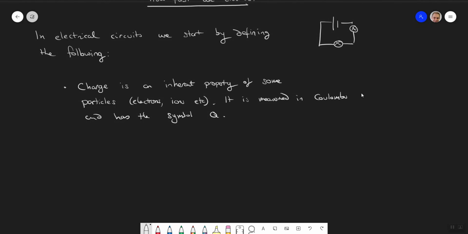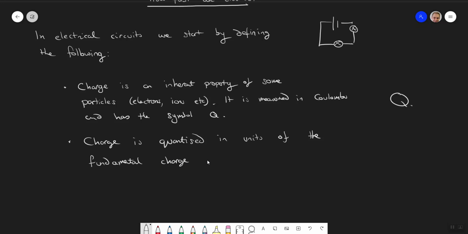So we have our charge, which is Q. Charge is quantized in units of the fundamental charge on an electron, which is often written as e.